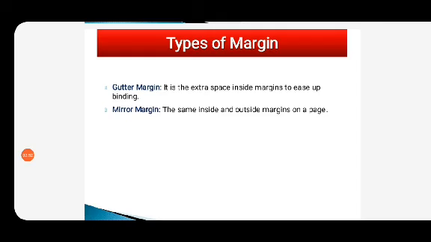Types of margin can also consider gutter margin and mirror margin. Gutter margin is the extra space inside margins to ease binding. Whenever you have seen that your book is bound, you would have seen some extra space. That space is made with the help of gutter margin, and mirror margin gives the same space in and out of the margins.